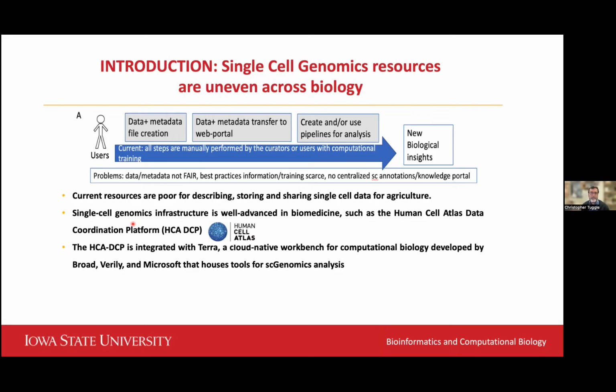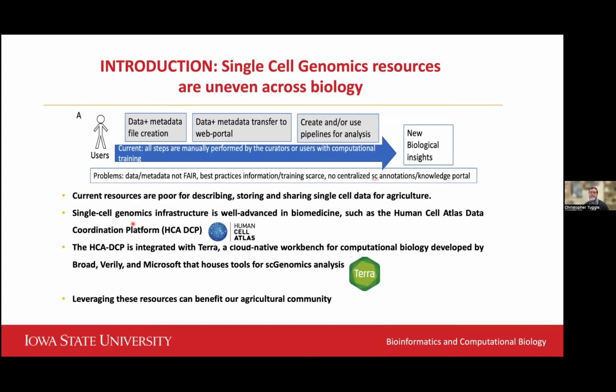It's a cloud-native workbench for computational biology, not just in single cell, but lots of genetic data, and basically it's the data warehouse for the Broad Institute. It was developed by Broad and Verily and Microsoft, and it houses tools for single cell genomics analysis.